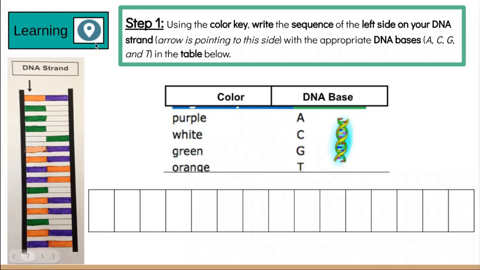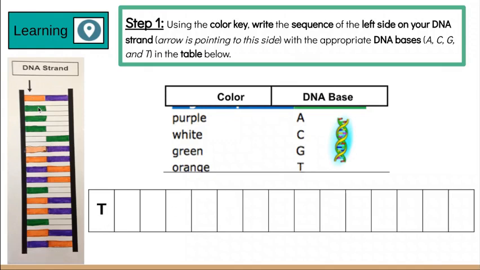So using this as an example, I would decode each color and then use this key to help figure out which DNA base it represents. So to start, I've got an orange, which looking at my chart decodes for the base T. So I'd write T in my first box.